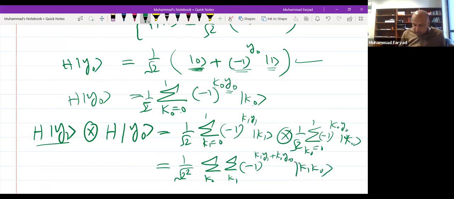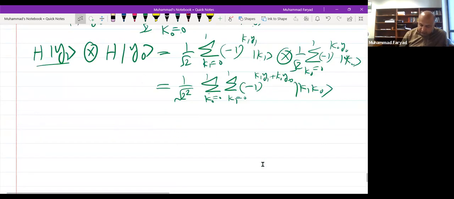So now there are two sums, with k1 going from 0 to 1 and k naught going from 0 to 1, and now minus 1 power k1 y1 plus k naught y naught. The reason for this is the phase part coming in addition, because if y naught and y1 are both zero states, then their Hadamard will give us all amplitudes as positive.